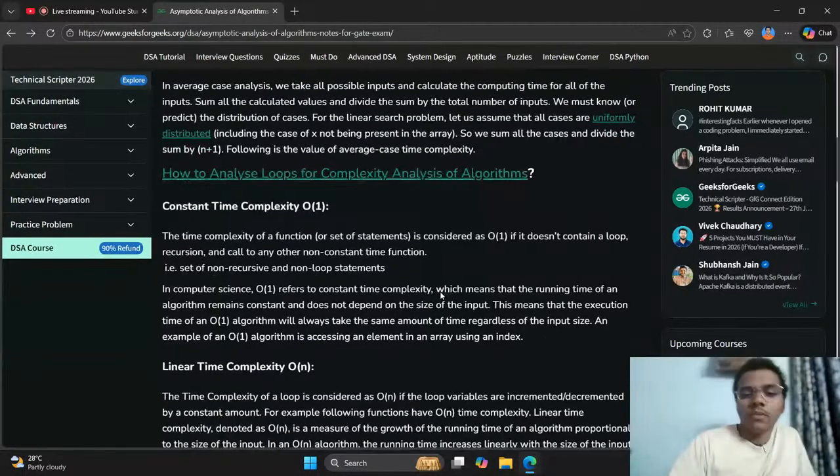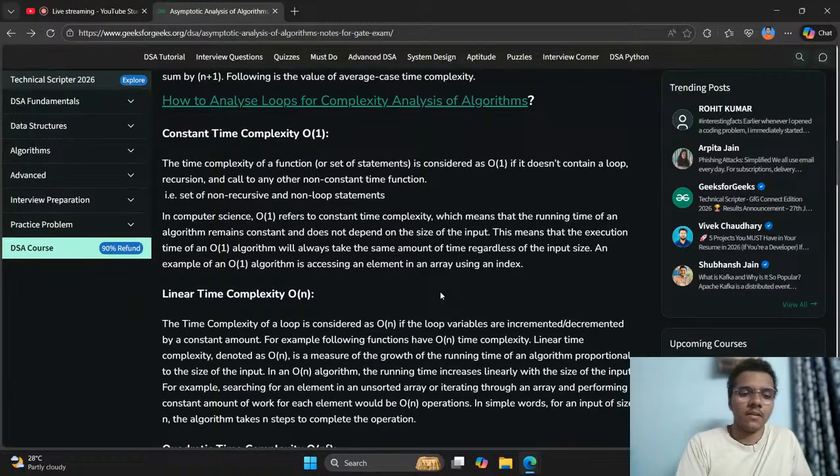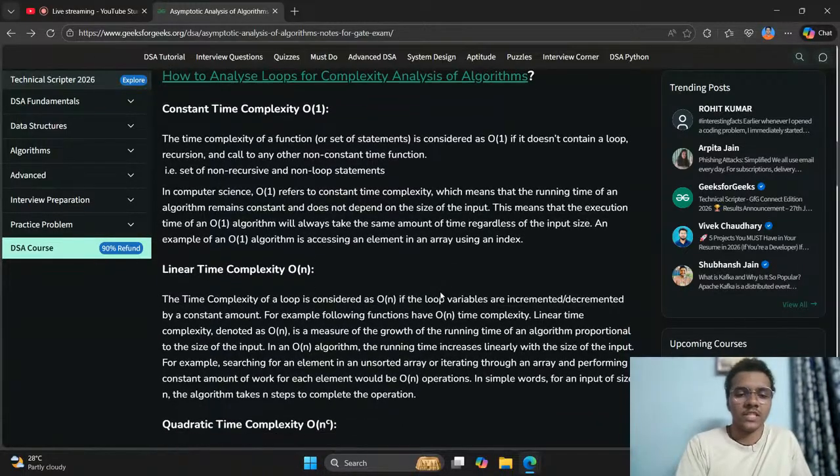How to analyze loops for complexity analysis of algorithms? Constant time complexity, O of 1. The time complexity of a function or set of statements is considered as O of 1 if it does not contain a loop, recursion, or call to any other non-constant time function, i.e. a set of non-recursive and non-loop statements.